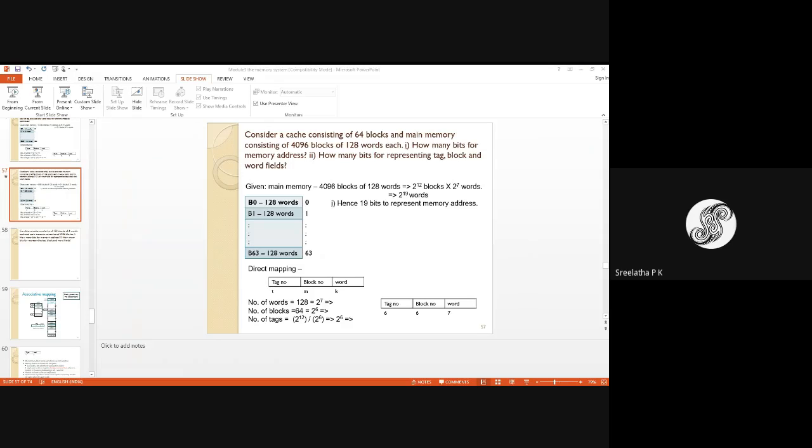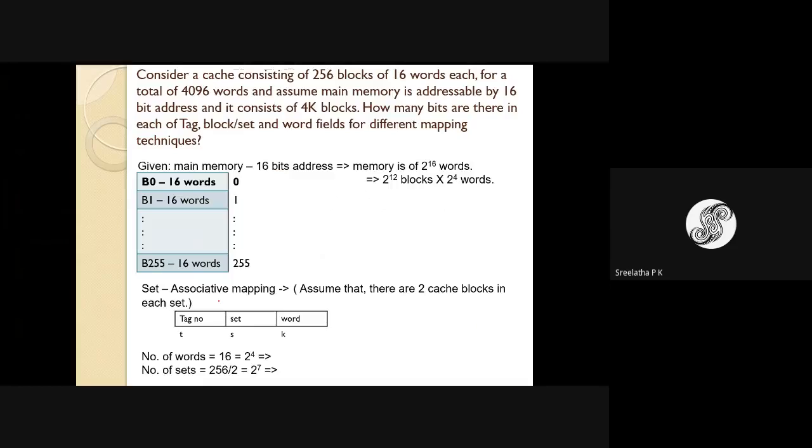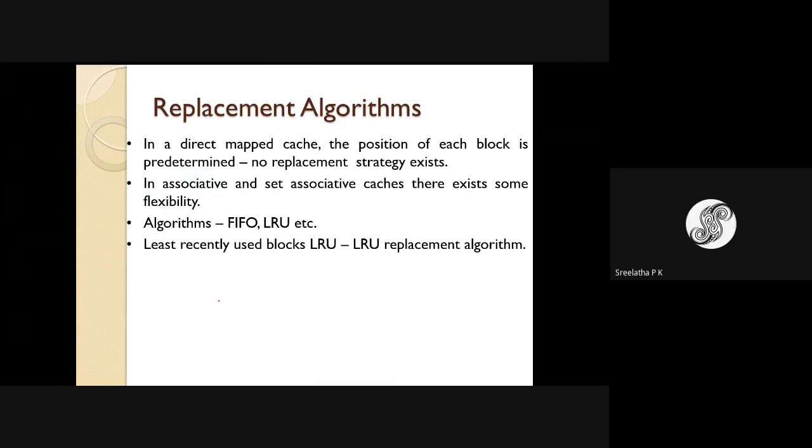Okay, I'll just tell what the next topic is, that is replacement algorithm, a small topic. All of you know what a replacement algorithm is, I have told you. Replacement is needed if suppose the cache memory is full, there is no free cache block.